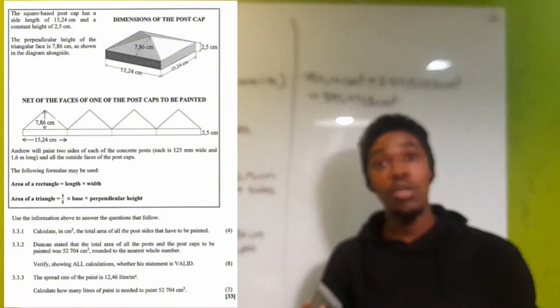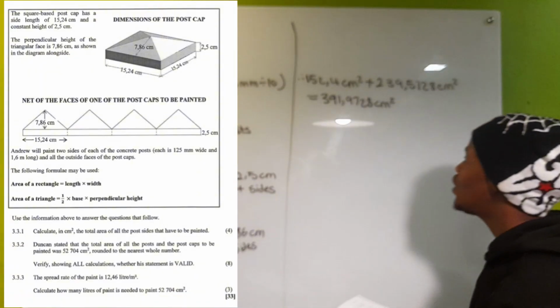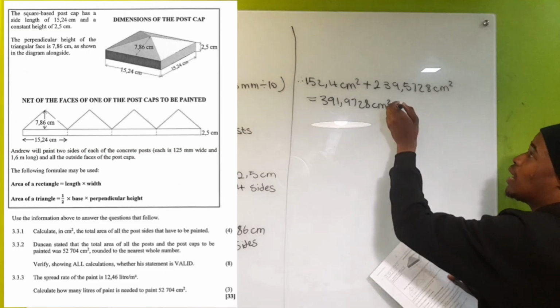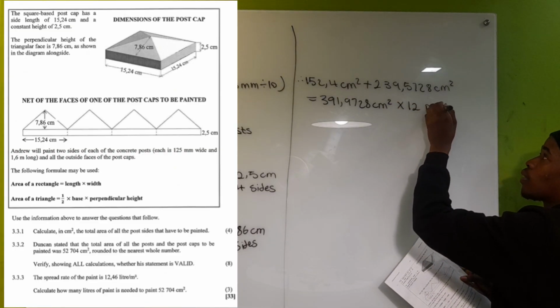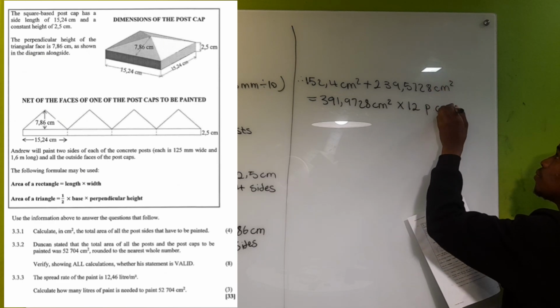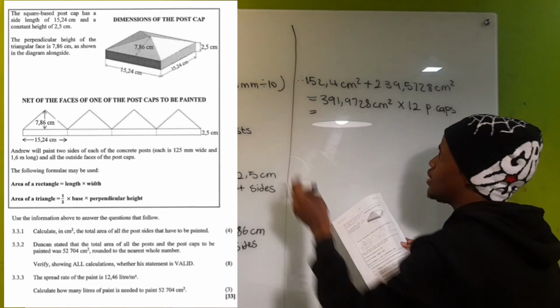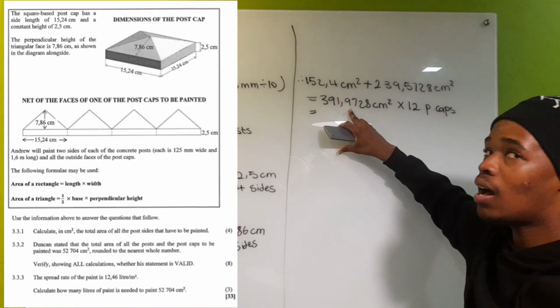And remember, how many post caps are going to get painted? 12 post caps. So we're going to take this number and multiply it by 12 post caps, and see how much our answer will be. Do not forget, you are not supposed to round this up or down.